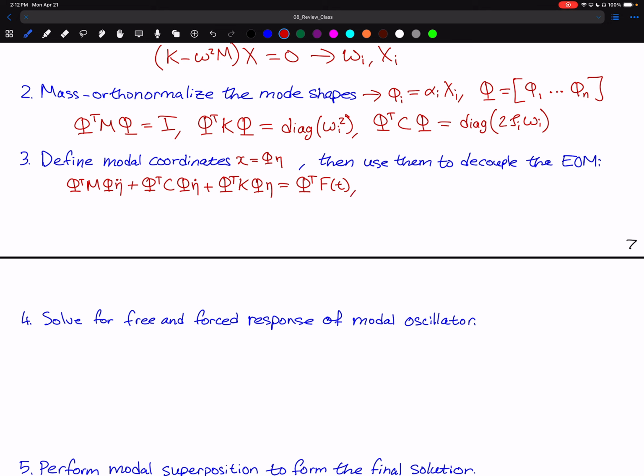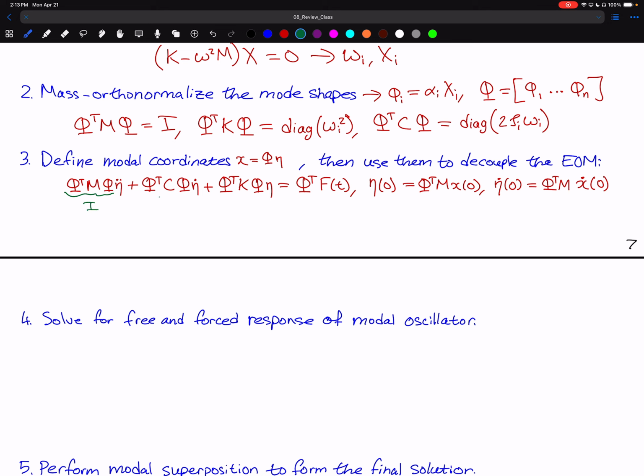And then we'll compute the modal initial conditions, eta of 0 equal to phi transpose m times x of 0, and eta dot of 0 will be equal to phi transpose m times x dot of 0. So in our equation of motion, the first set of matrices is going to reduce down to an identity matrix.